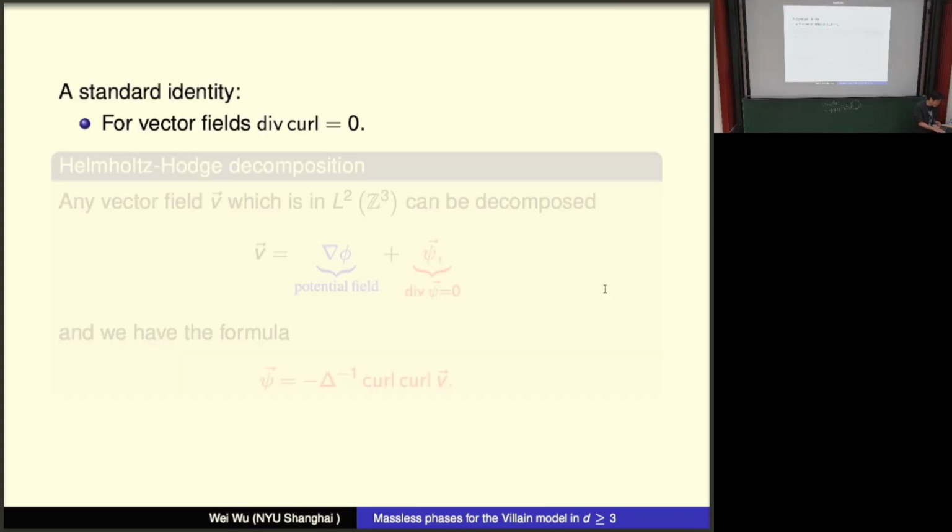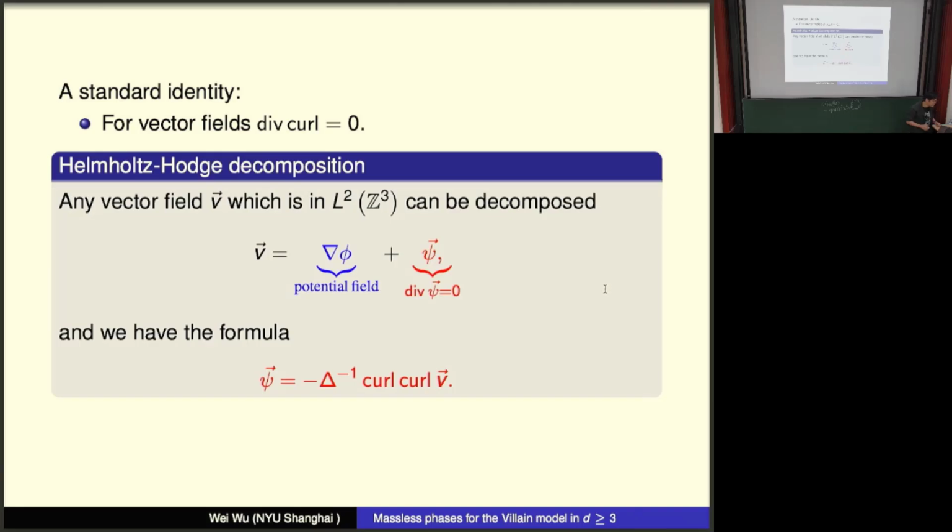And what was important here for the duality is this Helmholtz-Hodge decomposition, which says that you can write a vector field, if it's in 3D, as a potential field, which is curl-free, plus a divergence-free field.